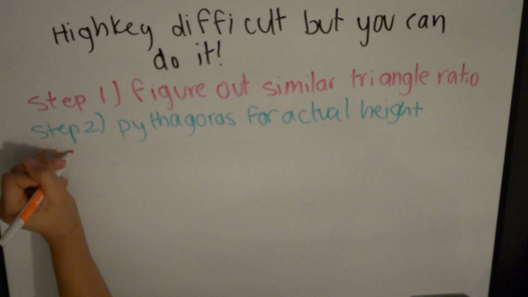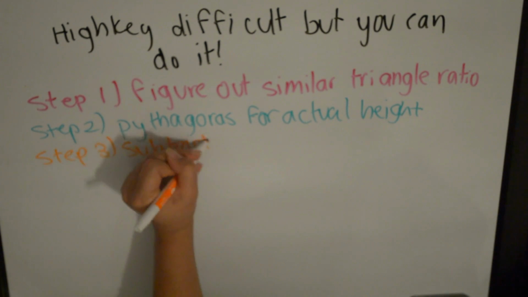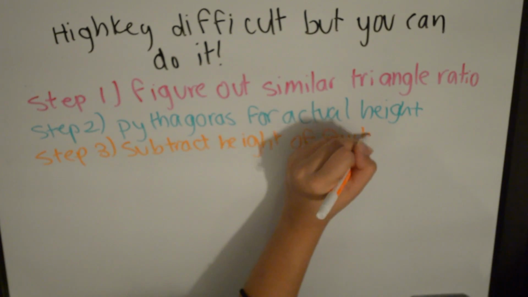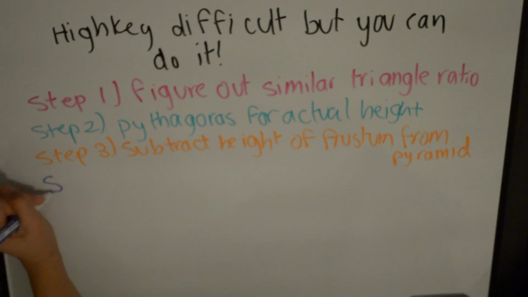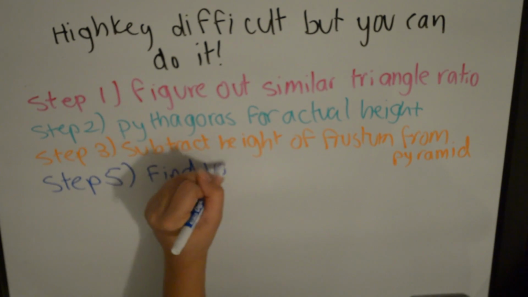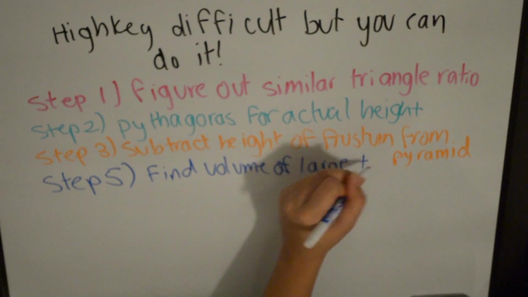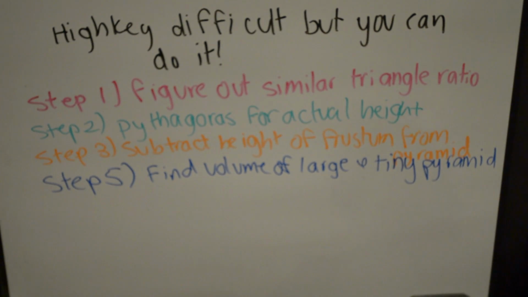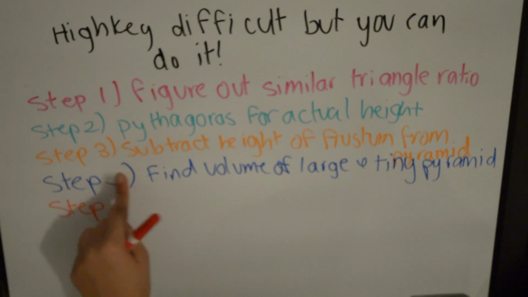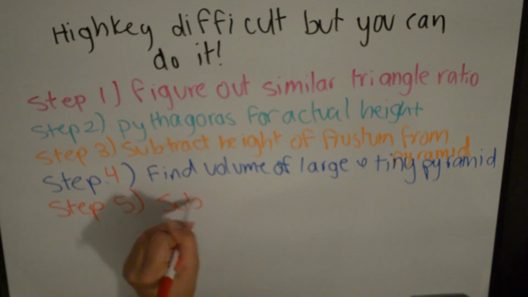Figure out the similar triangle ratio for the lateral side. Pythagoras it out for its actual height, then subtract the height of the frustum from the pyramid height that we figured out to get the height of the tiny pyramid on top, then find the volume of the big pyramid and the small pyramid, and then subtract the volumes.